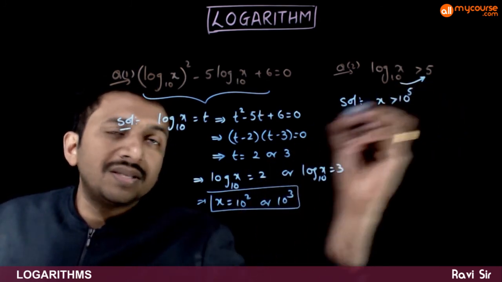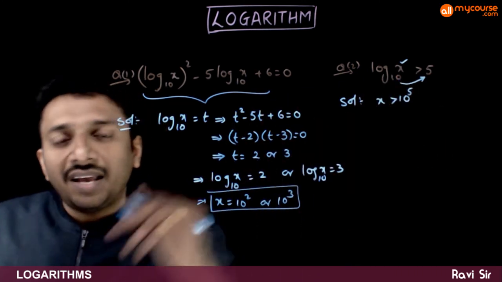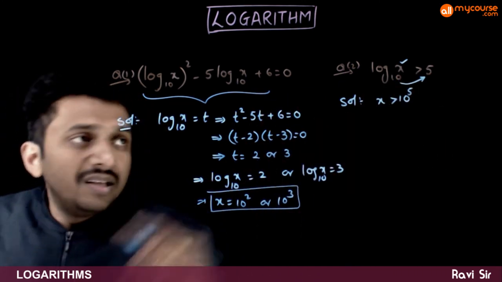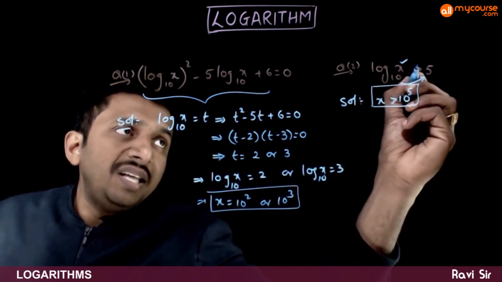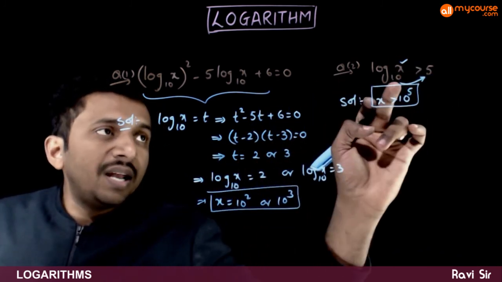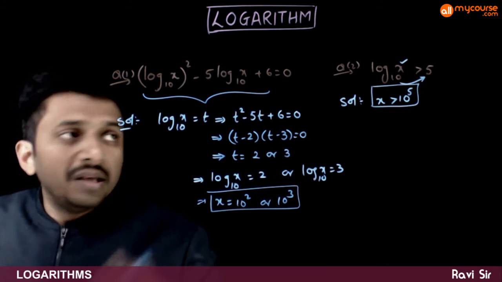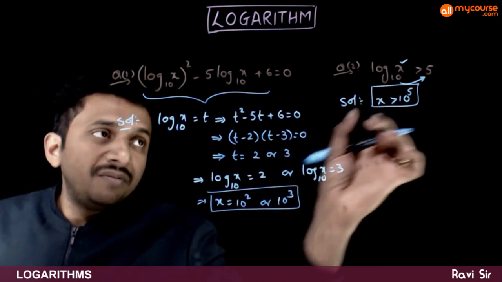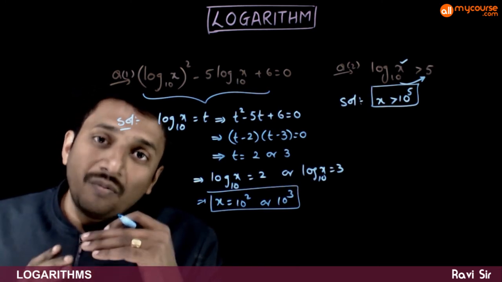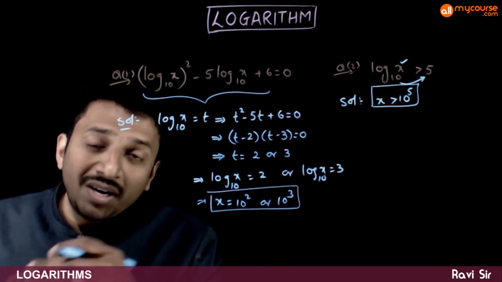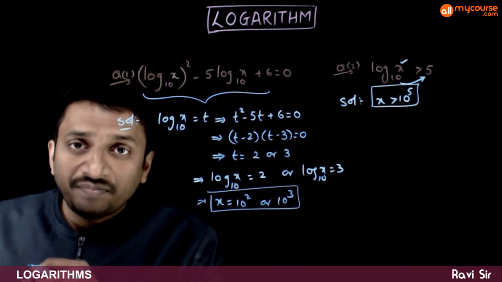This 10 goes to this side, so x is greater than 10 power 5. You have to be careful with this operation, because when you have an equality here, you can always do this: 10 power 5 is equal to x. But we have not said any property which relates with inequalities. So is this operation valid for inequalities also? You have to be careful here.